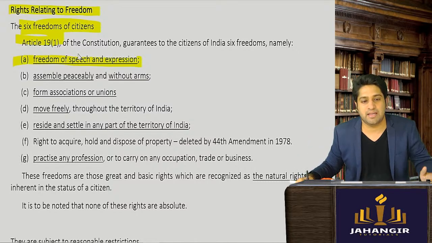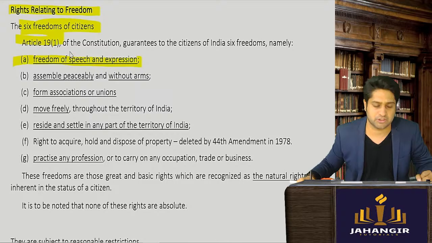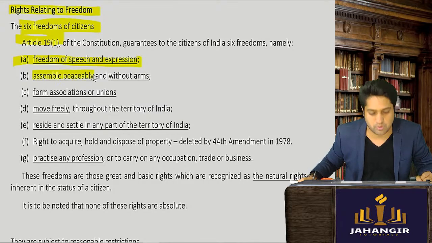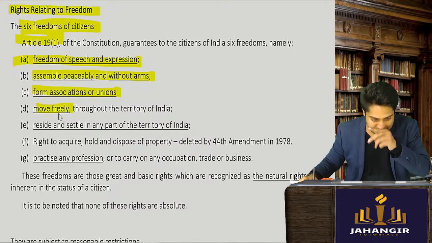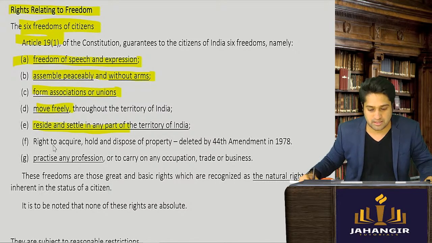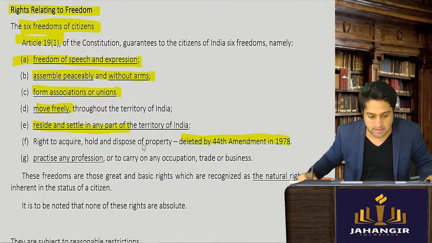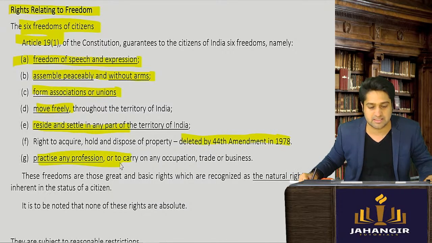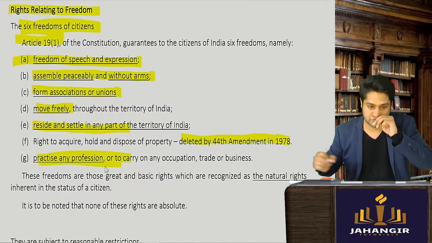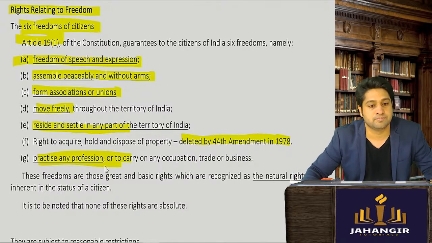Article 19(1)(a), right to freedom of speech and expression, right to assemble without arms, form associations, move freely, reside in any part of the country. Now F has been deleted, that is right to property has been deleted, and we have Article 19(1)(g) as a right to profess any religion, any profession.